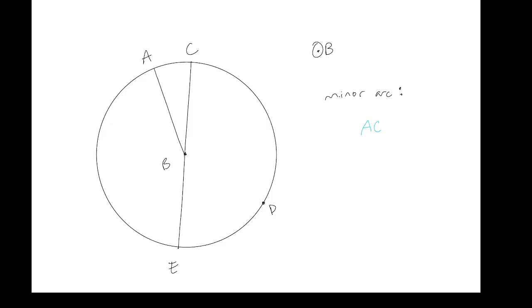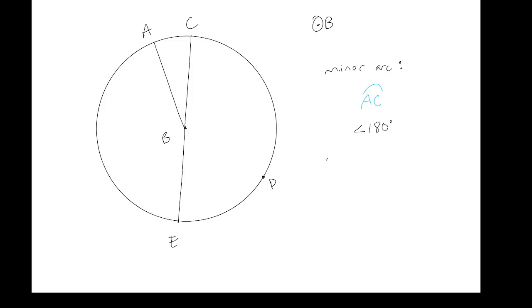So we're going to write AC, but we don't mean a line segment. We have to put a little arc mark above it. So this is something that we need to make sure is going to be part of our vocabulary. The same way that you put a line above a line segment, this is not a line segment, it curves around the circle. All minor arcs are going to have an angle measurement of less than 180 degrees. Next, we have a major arc.